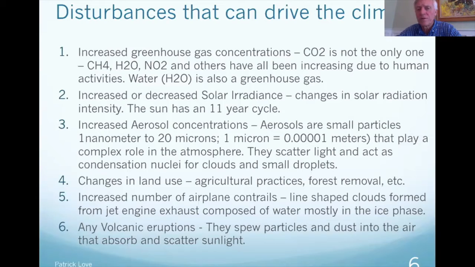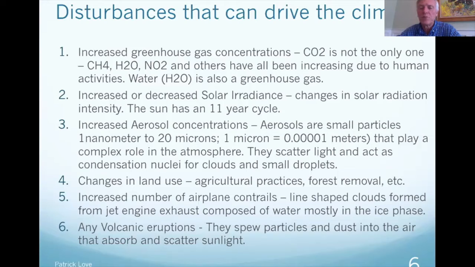These small particles, from very small, 1 nanometer, which is 10 to the minus 9 meters, all the way up to 20 microns, play a very complicated role in the atmosphere. Certain of them just scatter light around. Some reflect light, some absorb light.